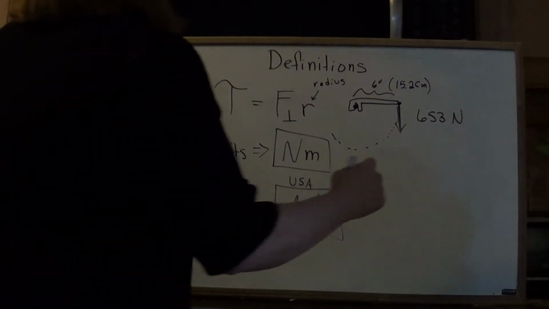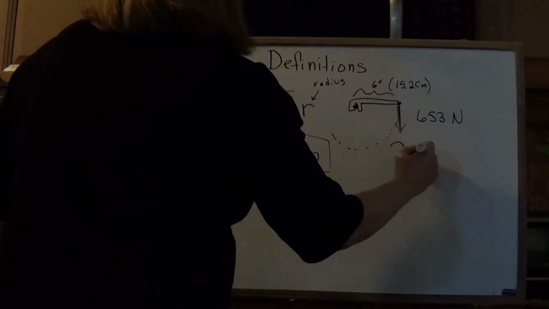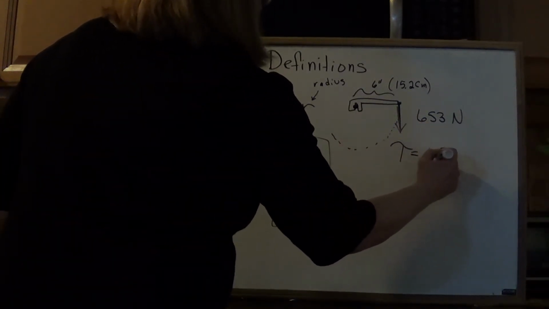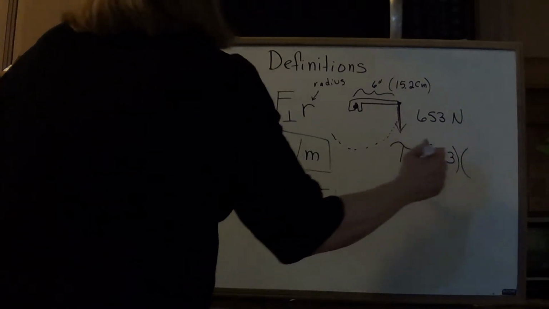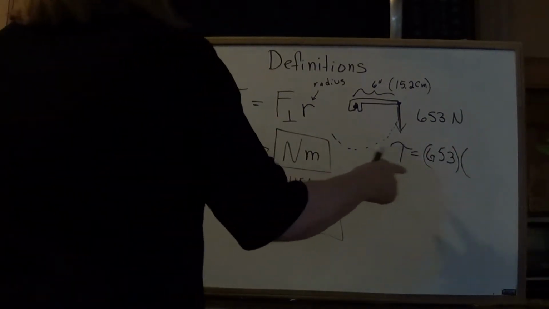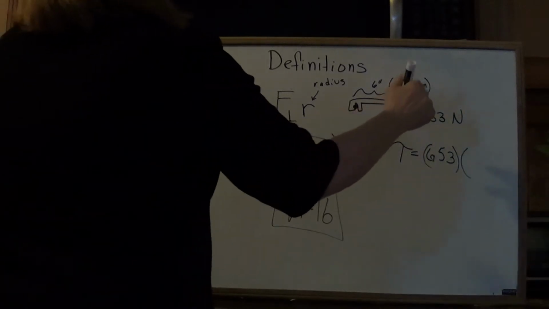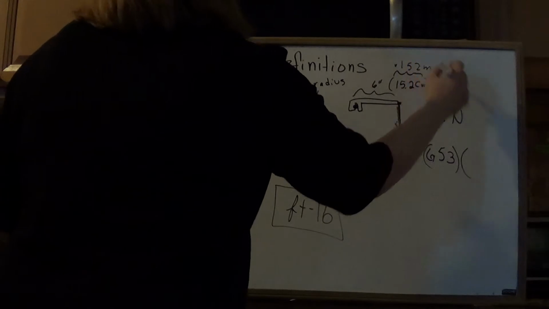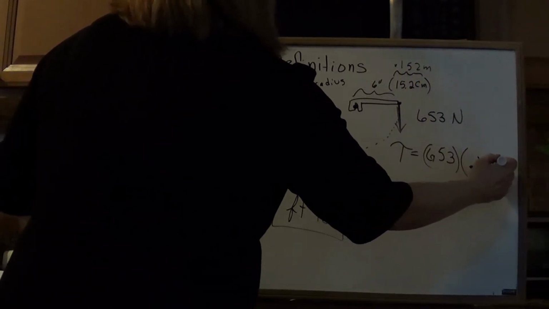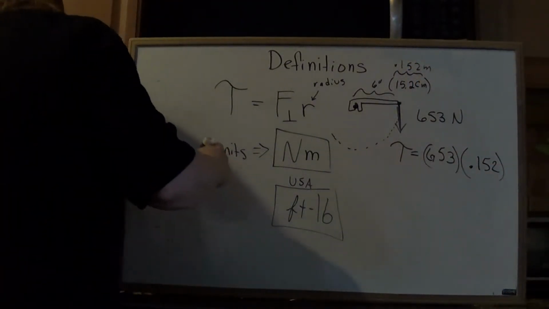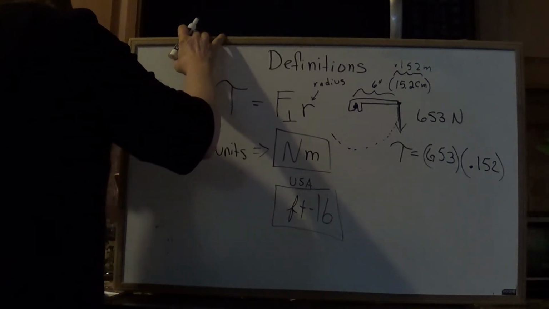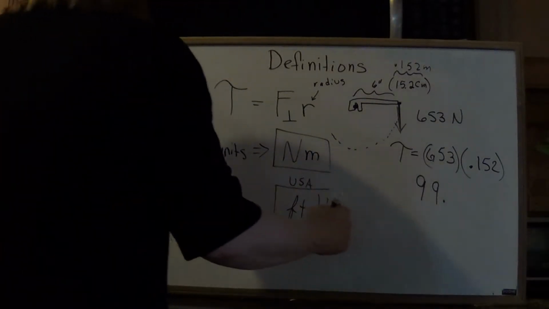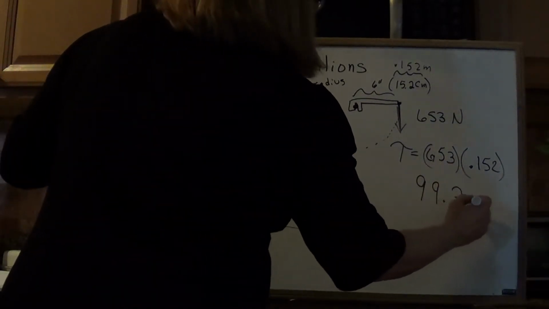What is the torque? Well, the torque is going to be the force, which is 653, I'll drop the units, you know it's newtons, times the radius. If I want to come out in newton meters, I have to switch that to meters. So it's 0.152 meters. Someone in class multiplied that out for us today and got 99 point something.